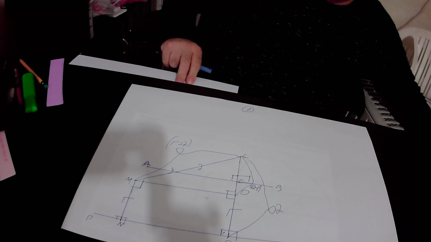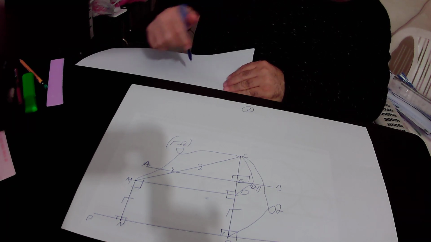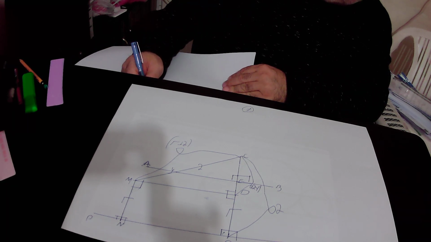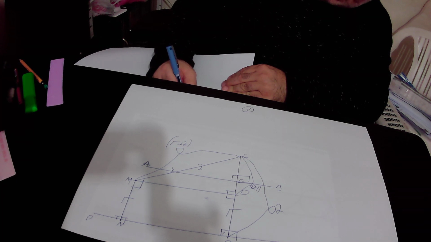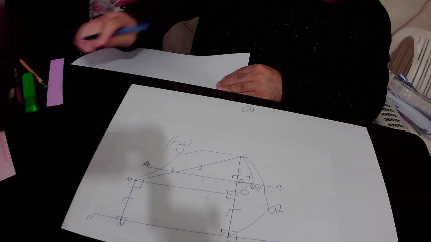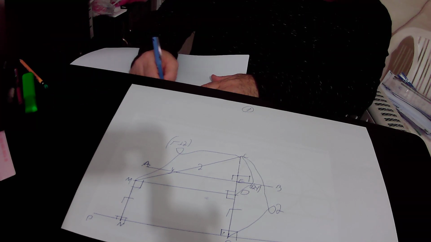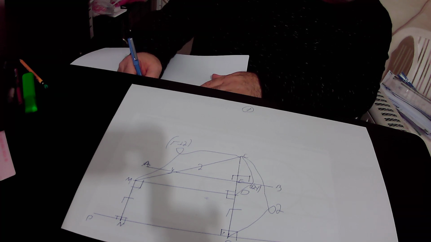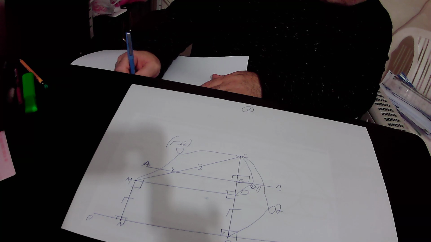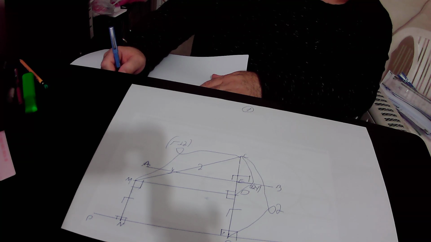So on the right triangle CDM, according to the Pythagoras theorem, the square of the hypotenuse equals the sum of the squares of the perpendiculars.